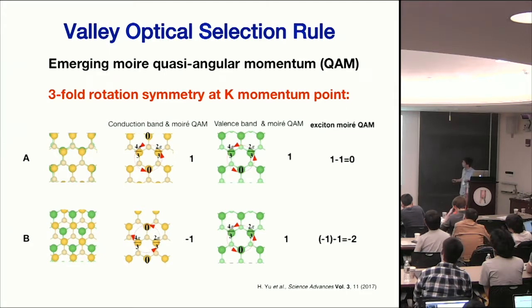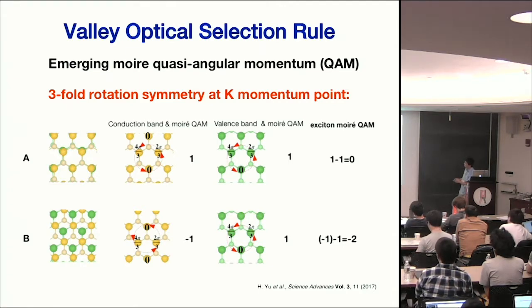In the top layer, as Liang has mentioned, the wave function sits at the K point. As a result, the atoms have a so-called winding relative to each other. So basically, the phase at a specific point has 0, 2 pi over 3 and 4 pi over 3, and so on and so forth. And if you choose the center to be here, you can see there is a left-hand winding.